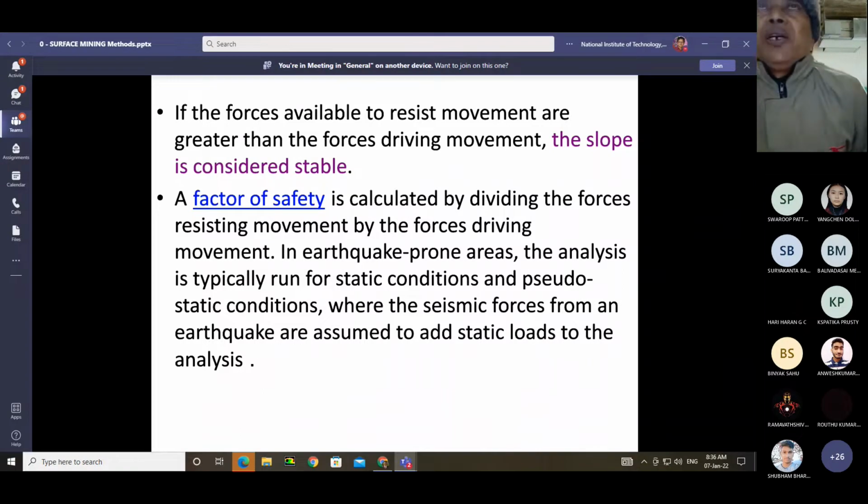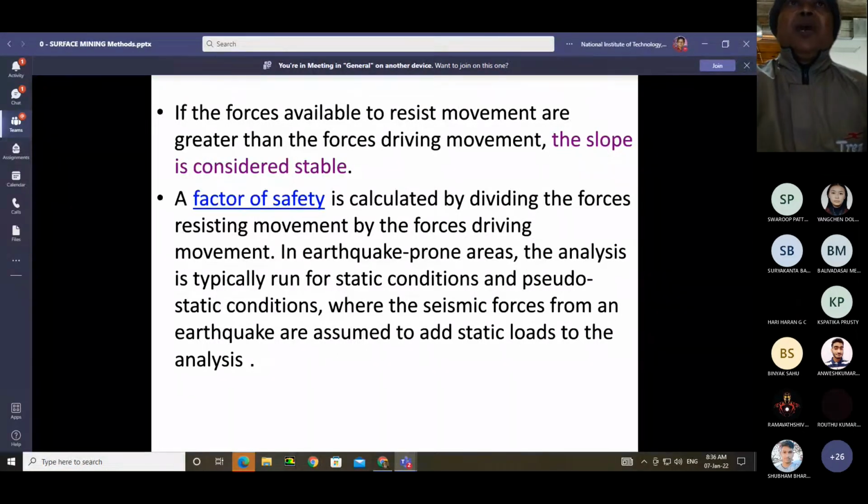That is why it should be more than 1. Preferably it should be 1.5 or 2. The factor of safety should be more than 1.5, and it can go up to 2.